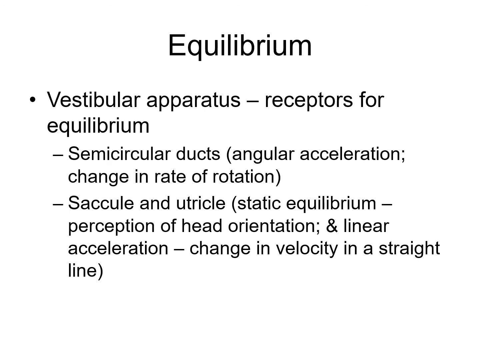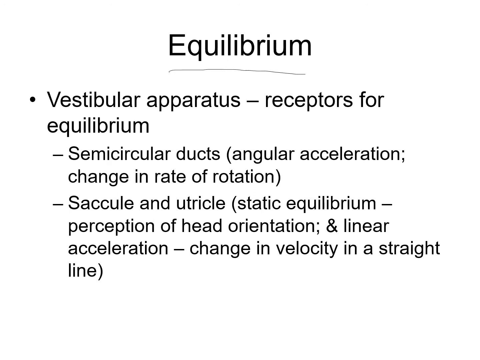And then the last thing that I just wanted to mention is equilibrium. So equilibrium is a separate sensory system from hearing, but they're located very close to one another. The vestibular apparatus houses the receptors for equilibrium. We have the semicircular ducts, also known as the semicircular canals, which respond to angular acceleration and change in the rate of rotation.